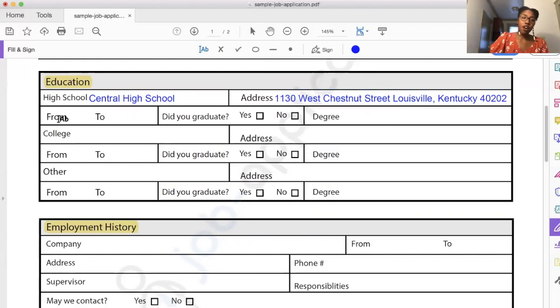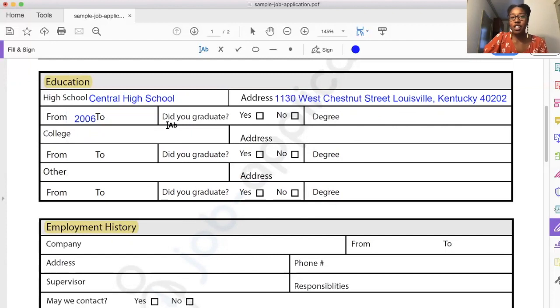Next, we see from and to. From meaning start. When did you start high school? So we will say 2006.